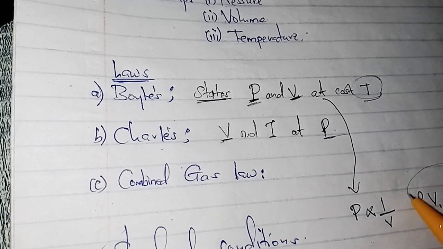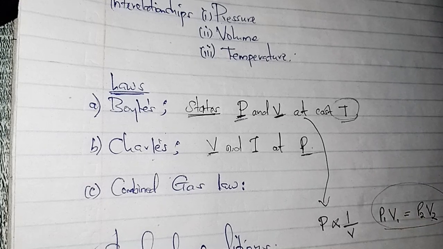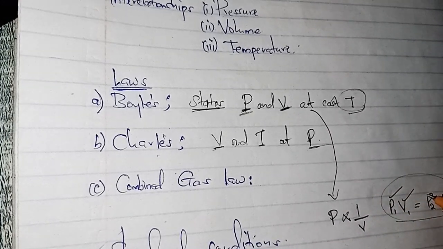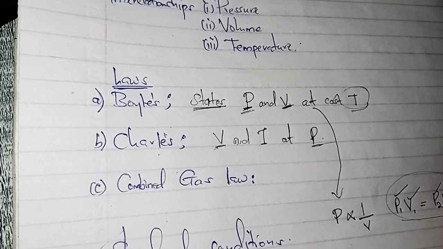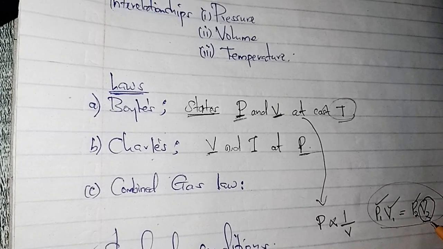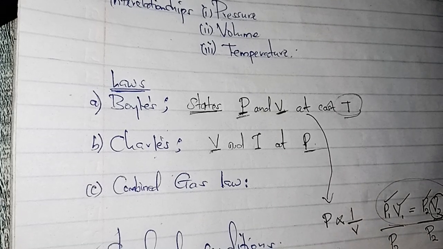What we are saying is just the change in this interrelationship. Maybe you are given pressure 1, volume 1, pressure 2, and you are asked about volume 2. You just make volume 2 the subject of the formula, so we divide by pressure 2 on both sides.